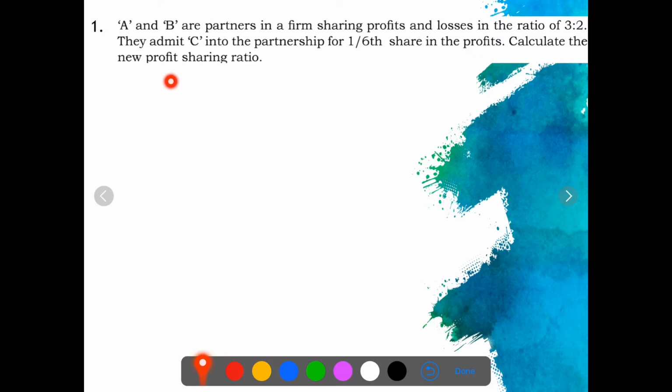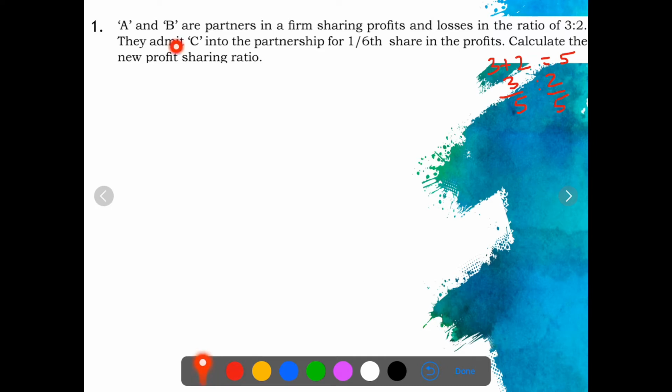Calculate the new profit sharing ratio. So as per the question, A and B are partners and their old ratio is 3:2. So 3 plus 2 is equal to 5, which will be 3/5 for A and 2/5 for B. So this is their profit sharing ratio.